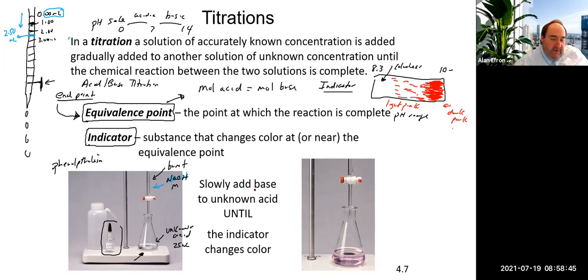When you start, there's no color because what we have in here is an acid, which means the pH has to be in this range, which is less than 8.3, and that's why it's still colorless. When we start doing the titration, it will turn this really light pink color. And that is ultimately what you're shooting for, especially when you're doing a titration that uses phenolphthalein. You typically would do it because it will turn light pink around the equivalence point.